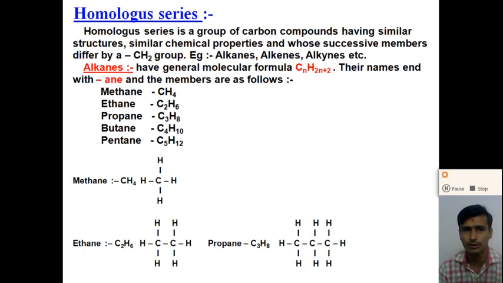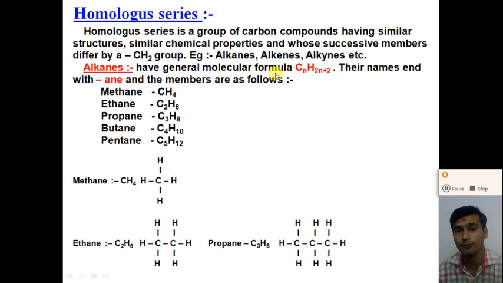So the homologous series is a group of carbon compounds having a similar structure, similar chemical properties, and successive members differing by the CH2 group. Here the three homologous series are alkane, alkene and alkyne.